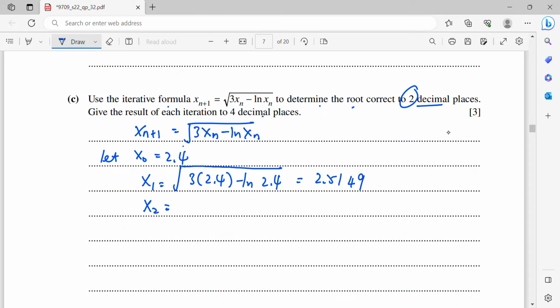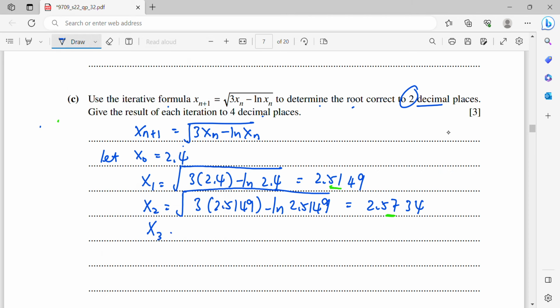So x2 will be the square root of 3 bracket 2.5149 minus ln of 2.5149. So here is 2.5734. When you compare again, this is 5.1, here is 5.7. So we cannot make the conclusion now.